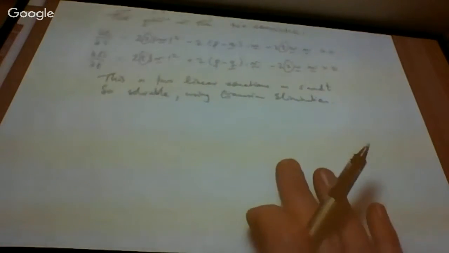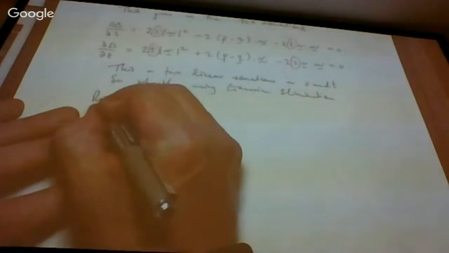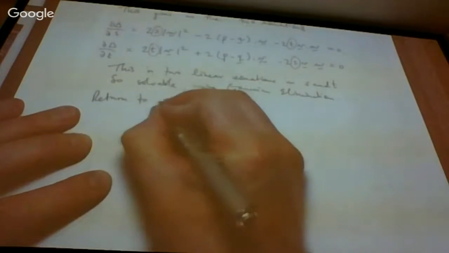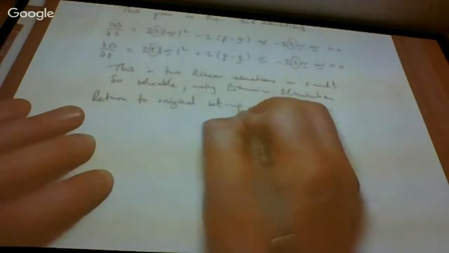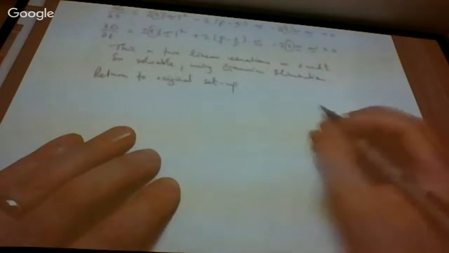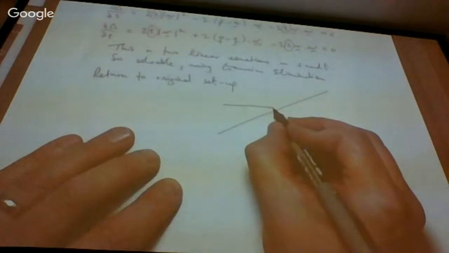Now that was one way of looking at it, one way of getting the solution out using a bit of calculus. We can also do it in a more linear algebra way, a more vector-oriented way. So if we return to the original setup, which very briefly looked like this, two lines going by each other.